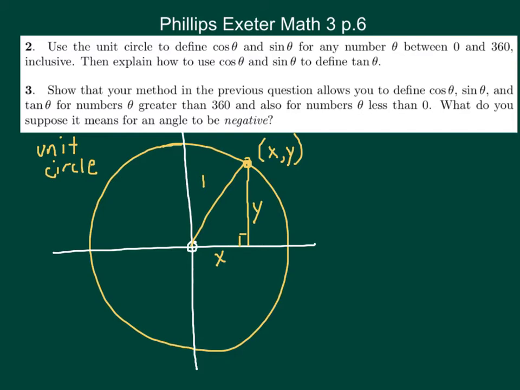So if I do sine, now remember theta, since we start right here on the positive x, we always start here. And theta is the angle going to that line segment. So we're going to call this theta right here. So what would be sine of theta in terms of that picture?